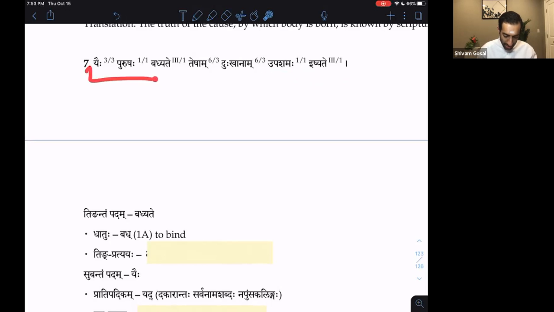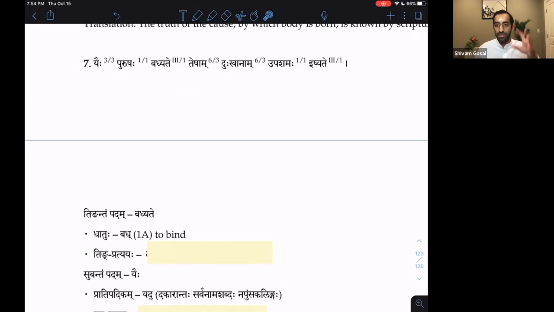Okay, so yad is going to be up till this verb, and your tad clause is going to be from tad, tesham, to ishyate. Just to change it up a little bit, you can always go tad clause first. I tend to like to do that, but let's start with this yad clause, which is at the beginning.